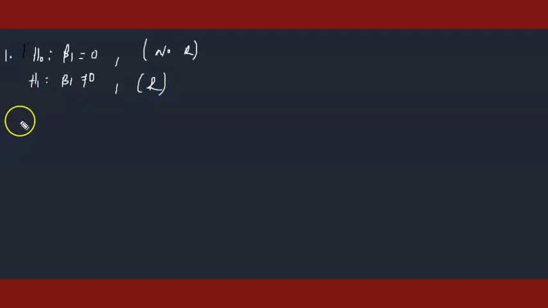The second thing that we need to do is to state the critical values. So we're saying we have alpha of 0.05, then the Z critical is given as 1.96. And the third thing we're going to do is now to compute. We're using the confidence interval approach.